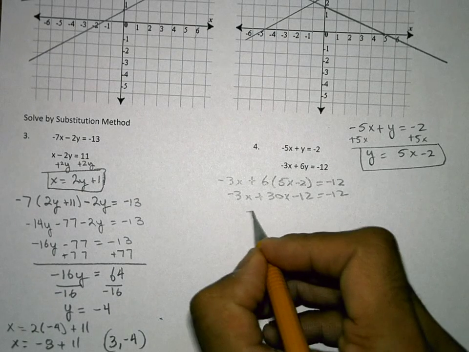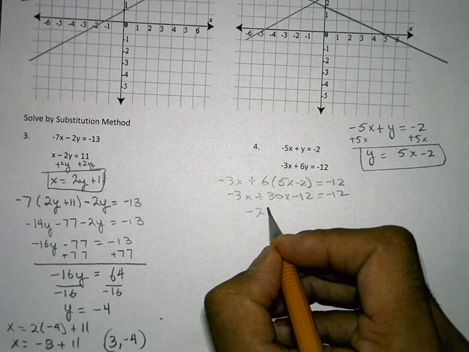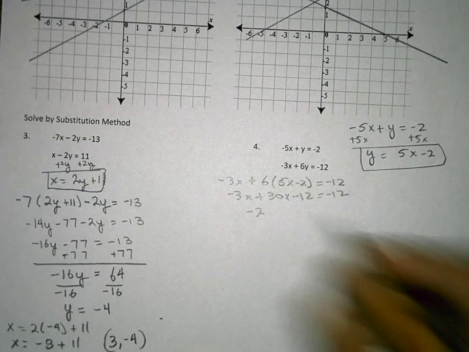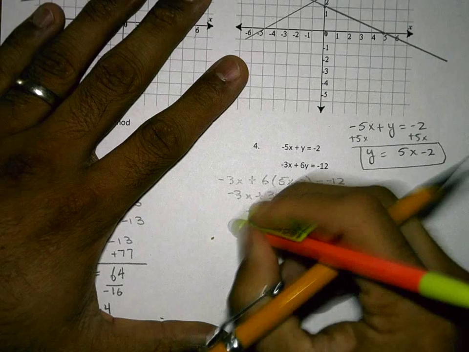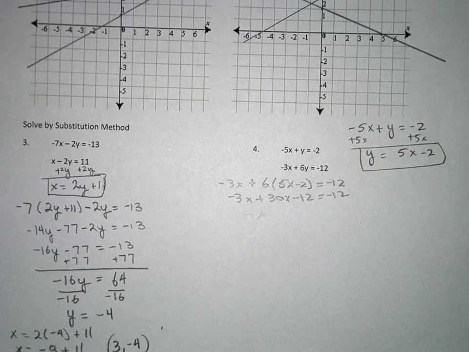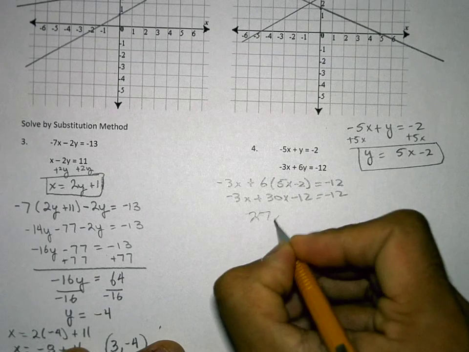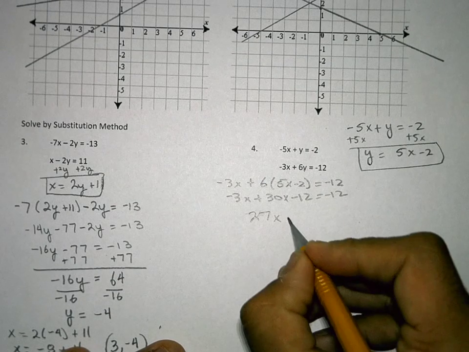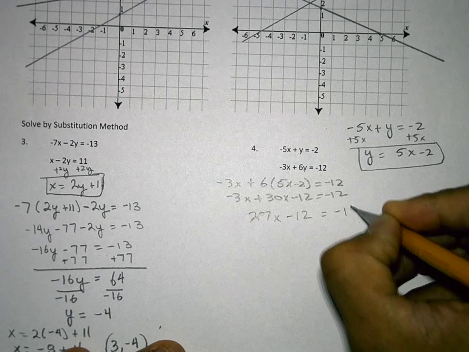Combine like terms, positive 27x minus 12 equals negative 12.